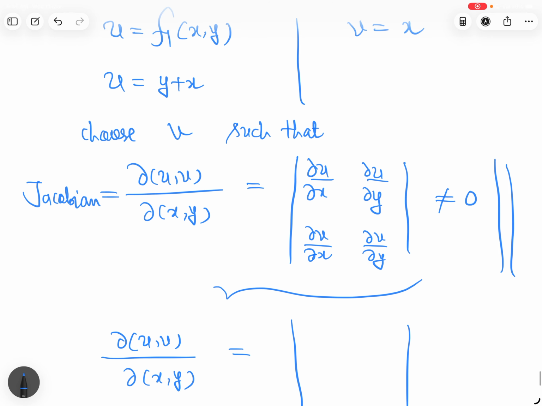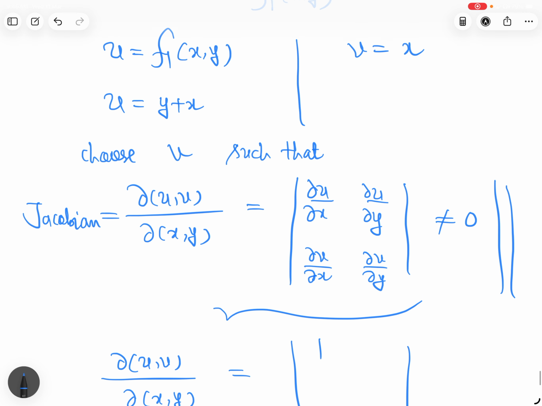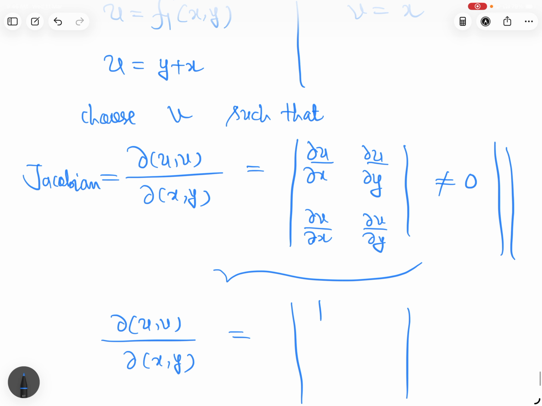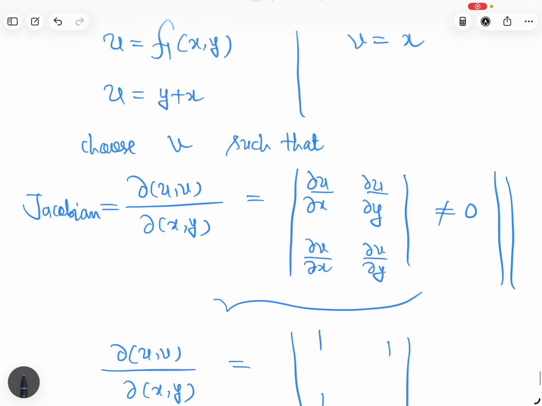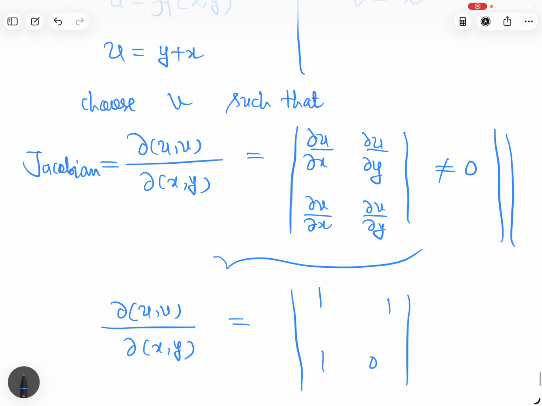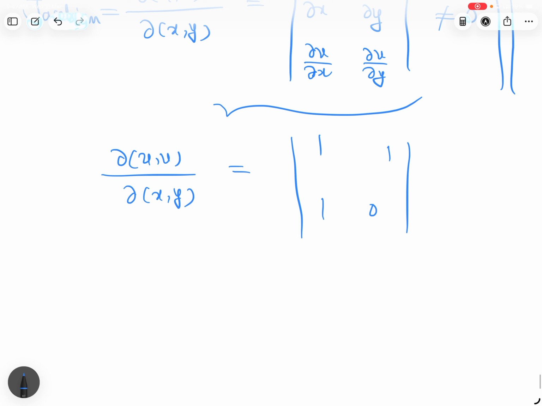So what is the value of del u upon del x? It is 1. Del v upon del x value is also 1. Del u upon del y value is also 1. And what is del v upon del y value? 0, because no y is involved there. So what is the determinant of this matrix? -1. -1 is non-zero. So our choice of v is correct.